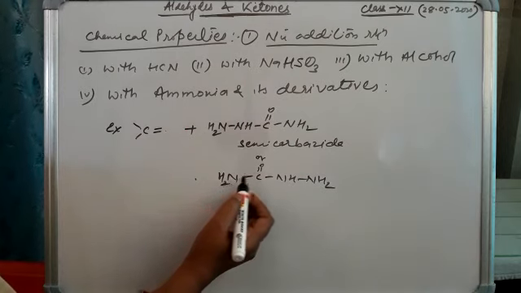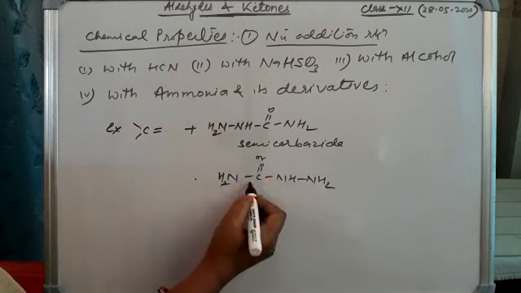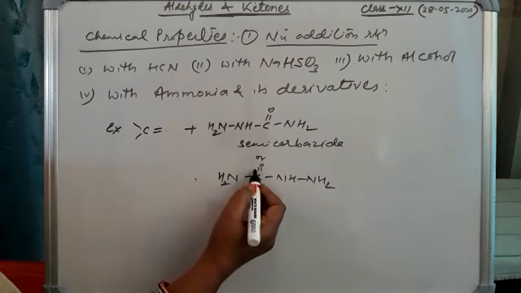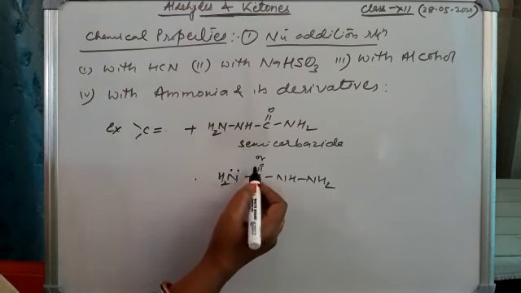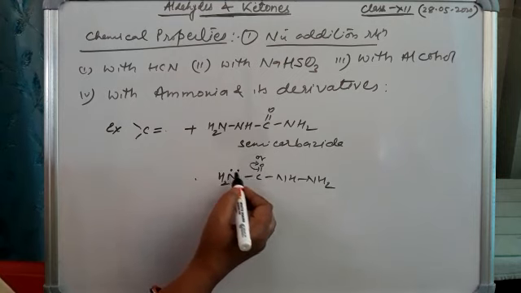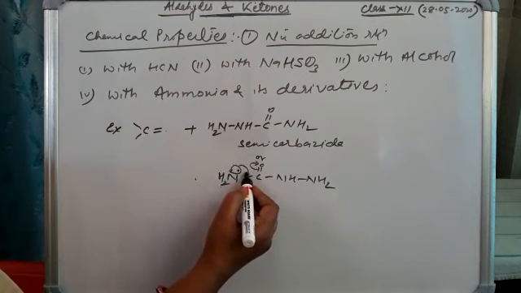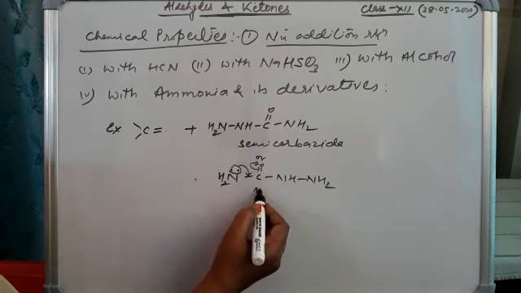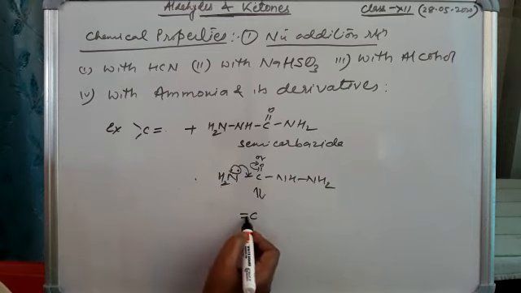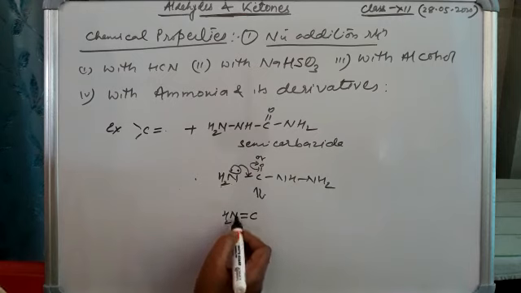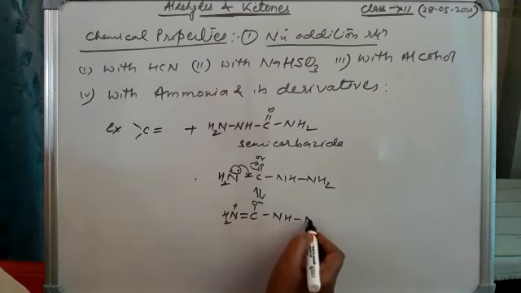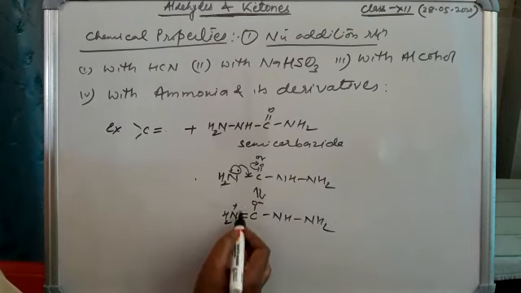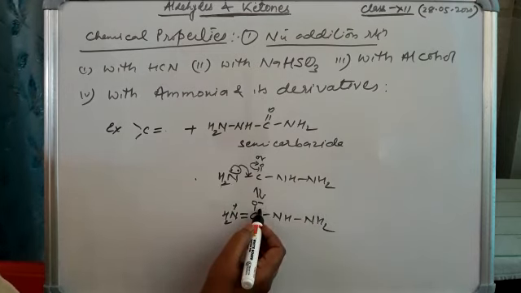Why? Because here a carbonyl group is present, and we know that there is also a lone pair on the nitrogen atom. When the carbonyl group pi electrons shift towards the oxygen, this lone pair comes here and a compound of this type is formed. So we can say that this NH2 group is involved in resonance with the carbonyl group.